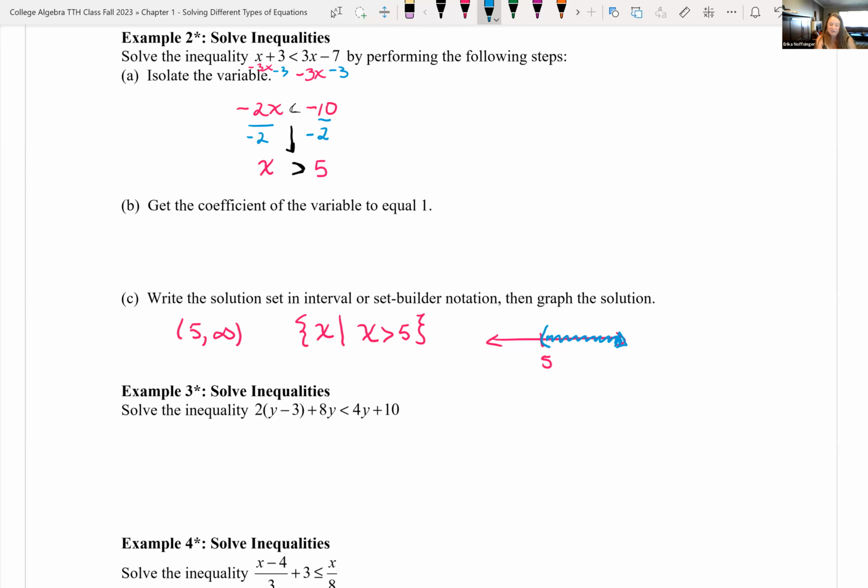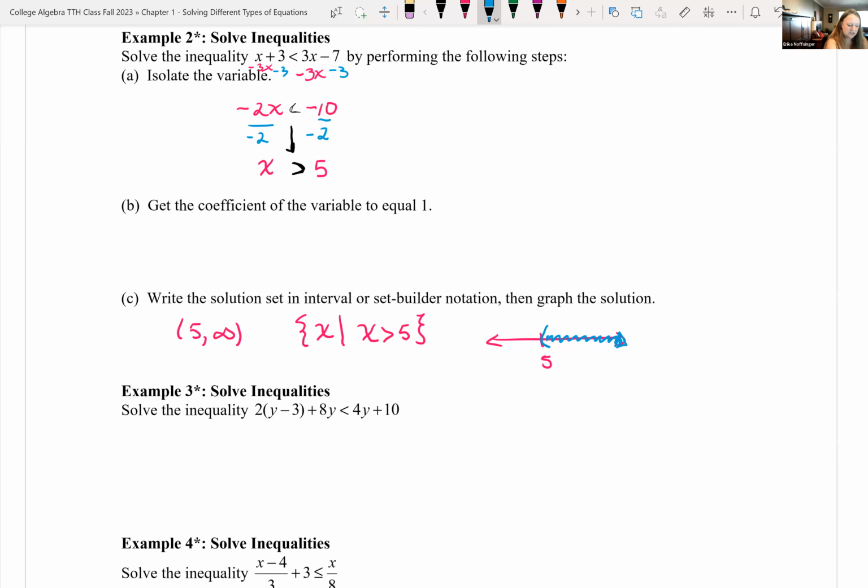Yes. So it's the same exact thing as if we were solving an equation. The first thing you want to do is simplify each side of your inequality. So we have the example 2 times the quantity y minus 3, plus 8y, is strictly less than 4y plus 10.